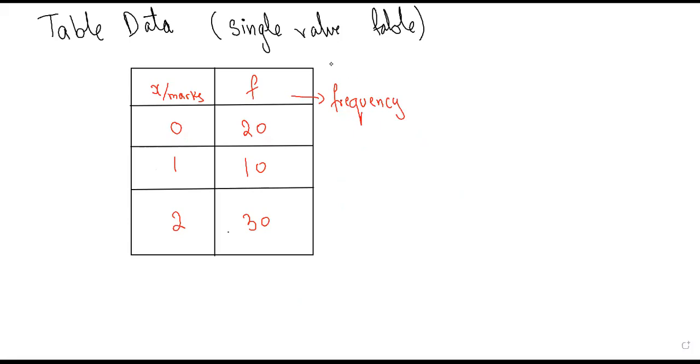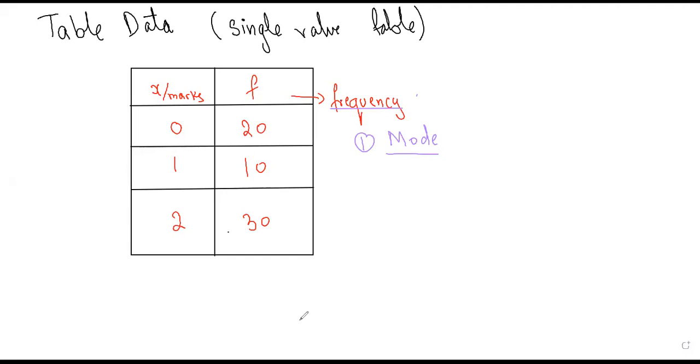Yes, any question? Okay, all right. So the first thing which we discussed there as well was mod. What is mod? Mod is the most repeated or most frequent value. So for mod, in case of table data, we'll check the frequency and we'll pick up the value against the biggest frequency.